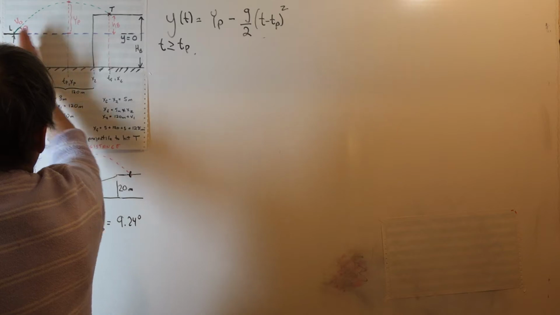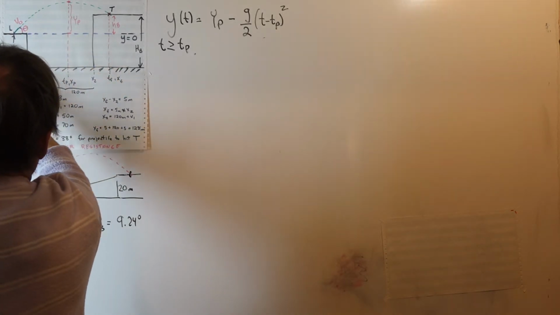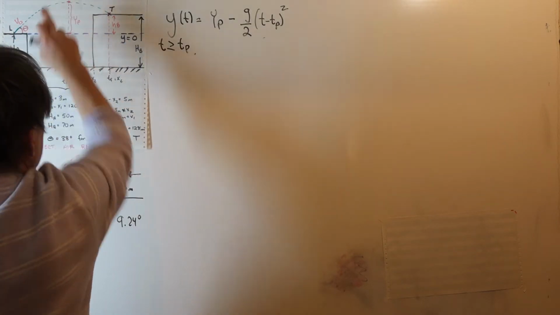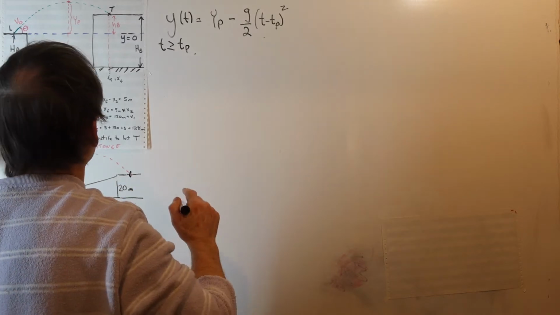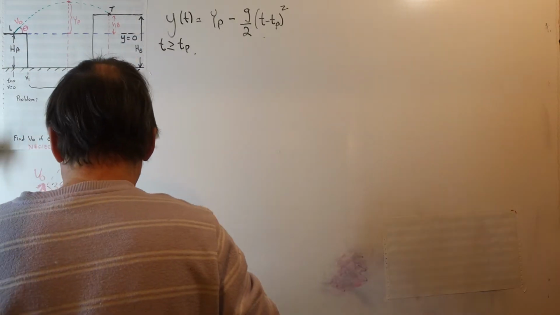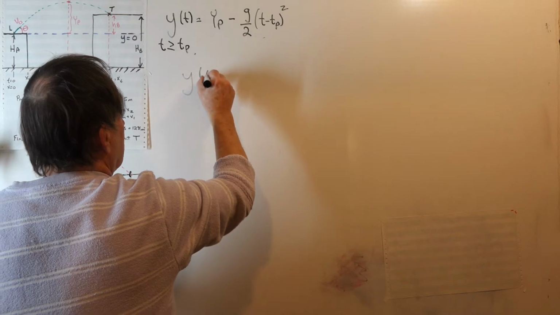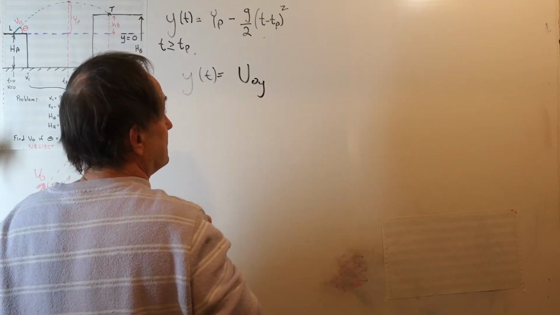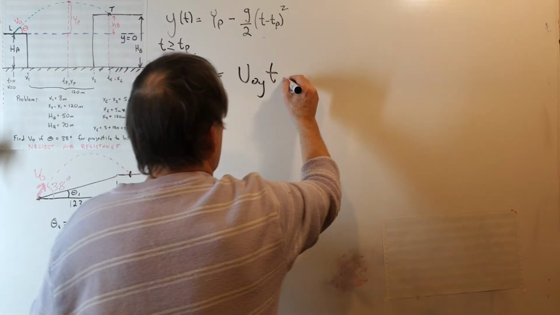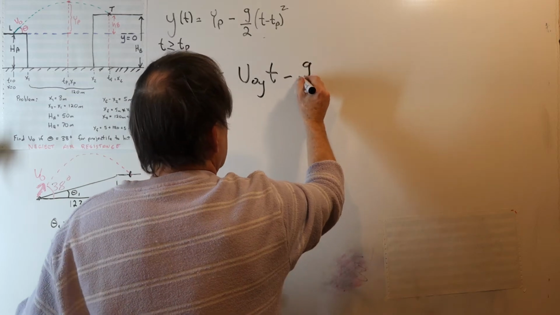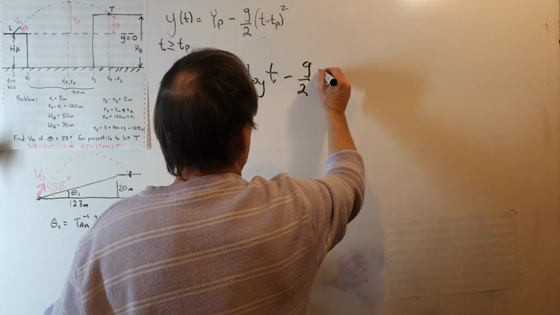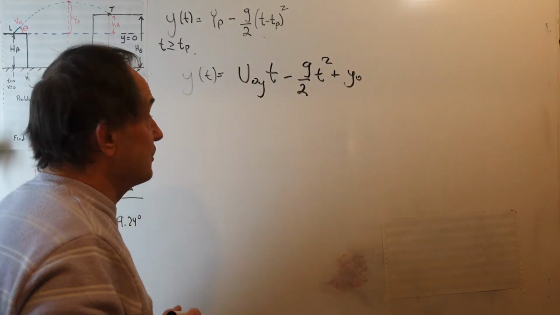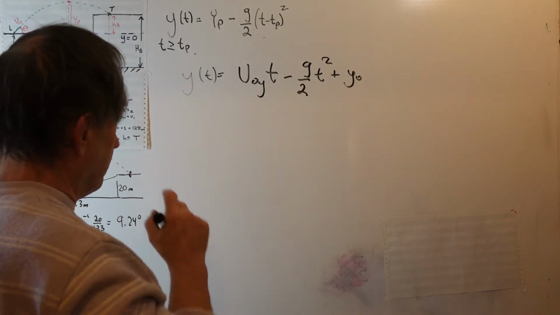Now, in this part of the flight of the projectile, from t equals 0 to t peak, when the projectile is moving upward towards its peak, we know that y as a function of time will be the initial velocity in the y direction times time, minus the acceleration due to gravity divided by 2 times t squared, plus the initial position in the y direction.